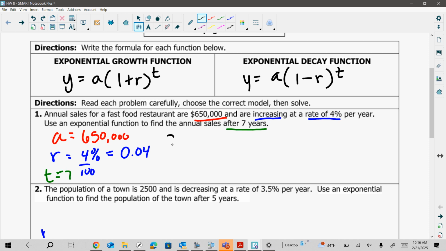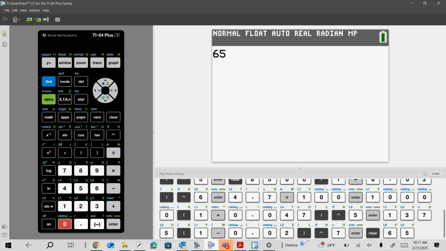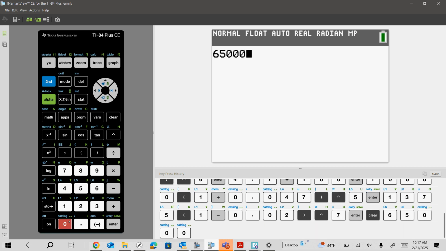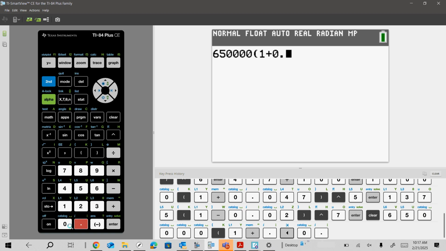So we're just plugging it in. Use your calculator, do your calculations. We're talking about money, so you have to round to the nearest cent. I want you to definitely substitute the parts, show me your setup, write out the equation, then go to your calculator and type in our values, our initial amount, and increasing. So this is 1 plus 0.04, what was our rate?